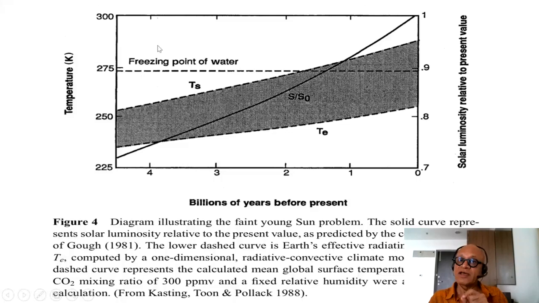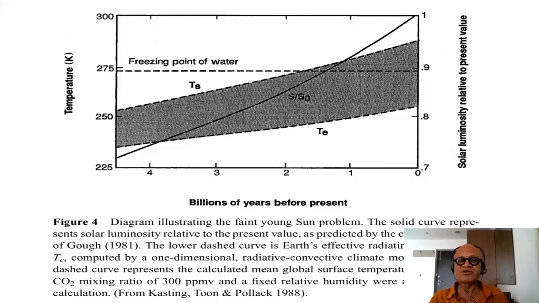Ammonia was invoked by Carl Sagan, as you remember from the early podcasts, but ammonia easily gets photolyzed by UV, and UV would have been high in the early atmosphere because there was no ozone, because there was no oxygen. So ammonia is not a potential player in the temperatures being above freezing in the early history of Earth.